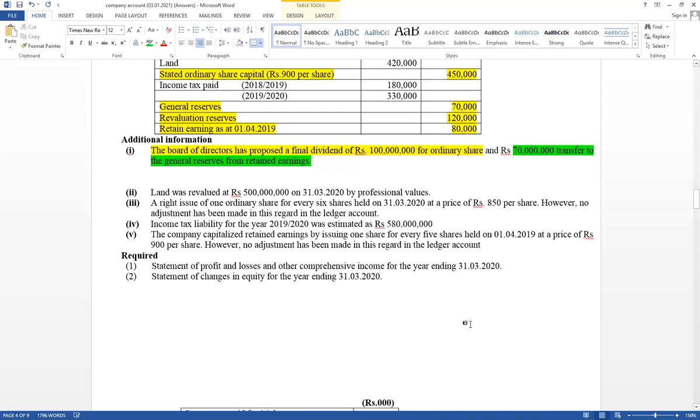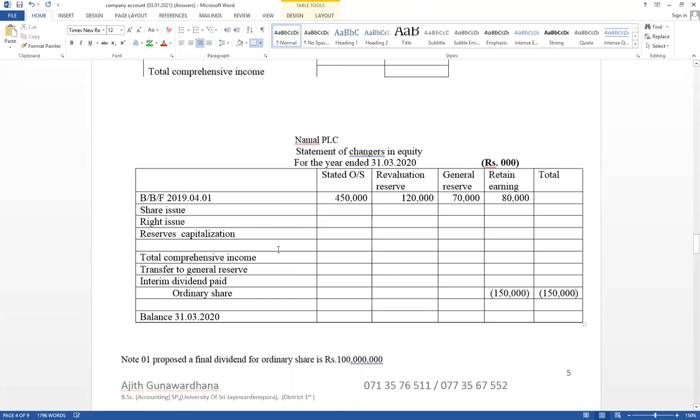That value should be shown in the statement of changes in equity as a transfer to the general reserves. 70,000 minus from the retained earning column, and it should be added to the general reserves as transferred from retained earning to general reserves. It does not affect the total column.